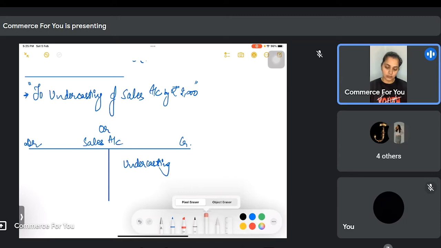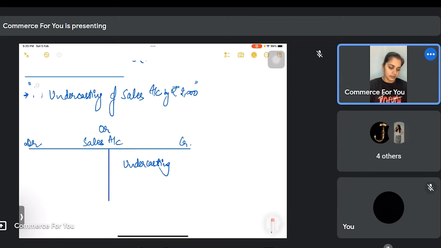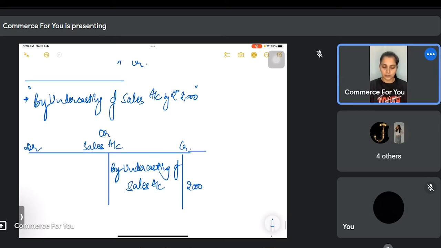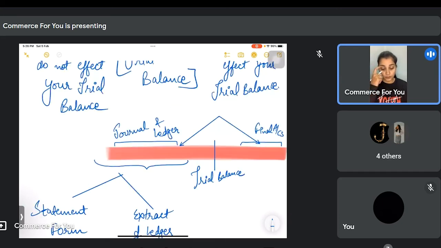And if it were purchase, then it would be 'to undercasting', because purchase is my expense and that needs to be recorded on the debit side. Then 'by undercasting of sales account', and in the amount column, you'll be writing rupees 2000. So this is one way of rectifying your one-sided error.